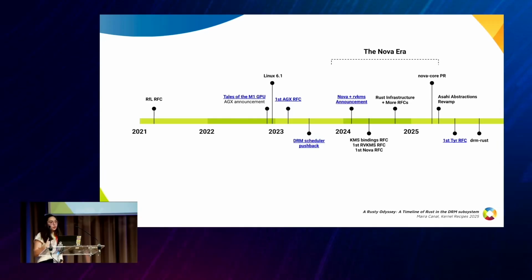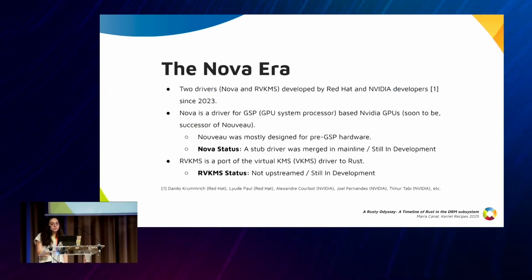From what I could understand, for me this is a maturity phase for the Rust drivers, because some groundwork had already been done, landing some foundational abstractions in the Rust core, and we now are able to have two new drivers coming in, which were Nova and RVKMS. Well, again, making sure that everybody's on the same page.